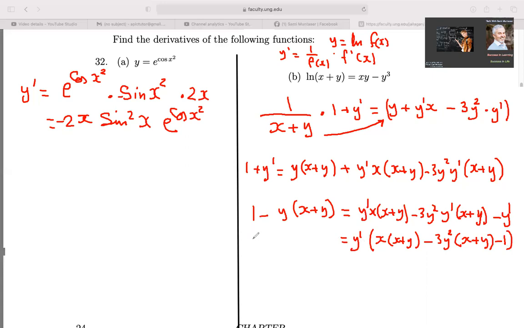And I still have this 1 minus y times x plus y on the left side there. And now we're just going to divide everything by this.